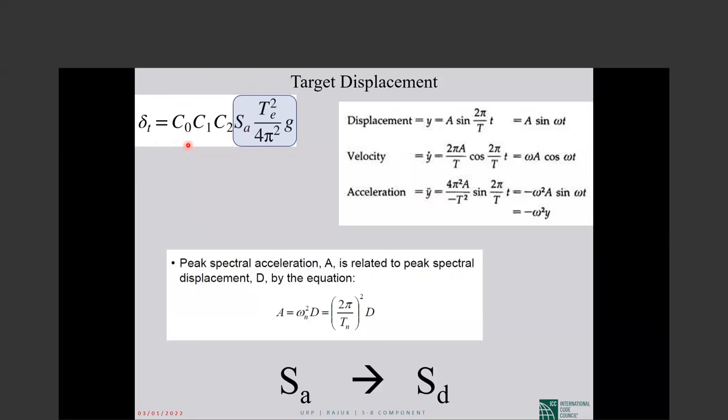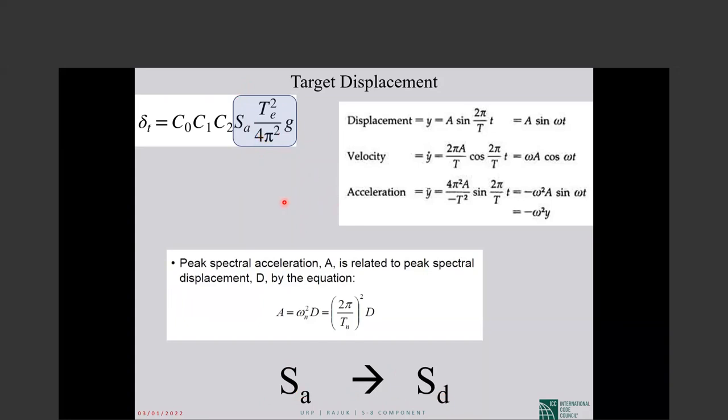This is the participation factor if we go through the dynamic analysis. But anyway, that's the idea. For now, these two parts transform SA to SD, the displacement of the single degree of freedom linear elastic system.